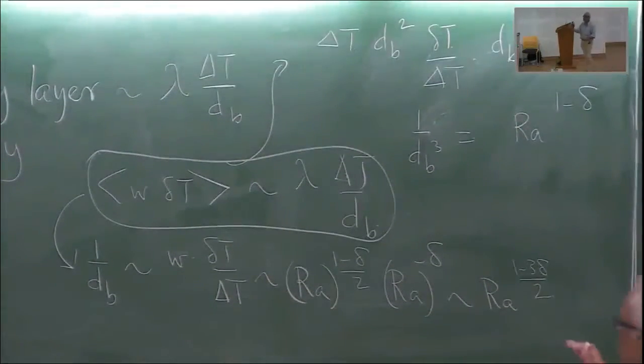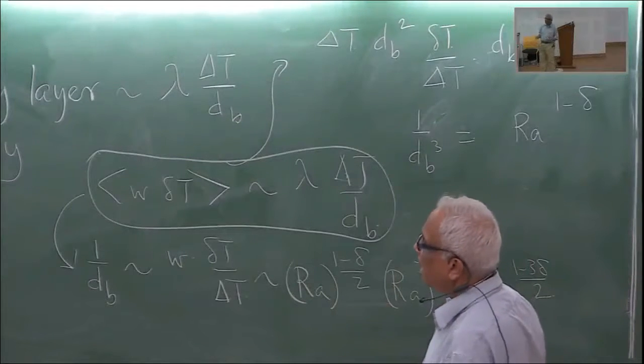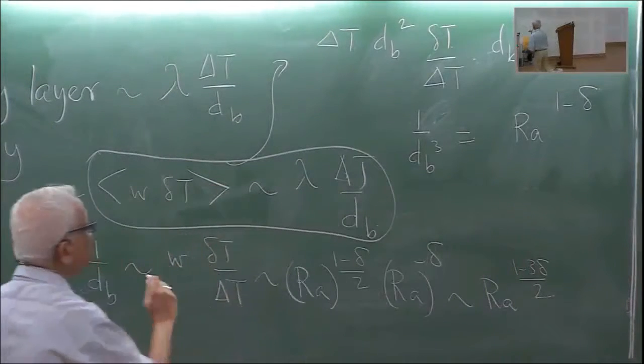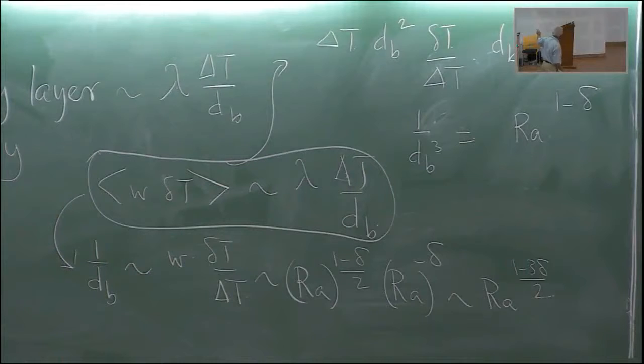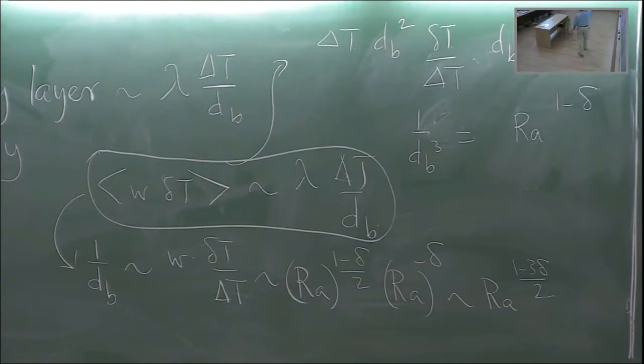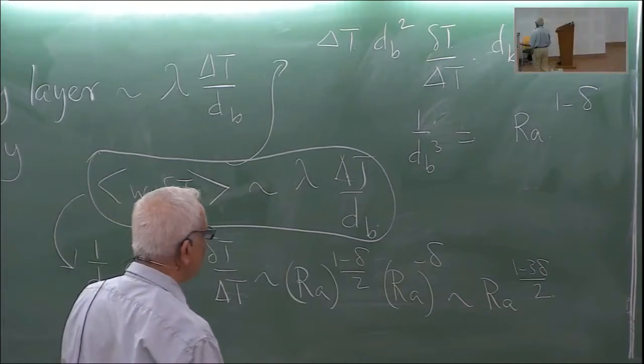So that's this balance over here. And then I'm estimating W in two different ways. I'm estimating W by coming at it from the center of the cell, and by coming at it from the boundary layer. And I have two different expressions, they have to be equal.